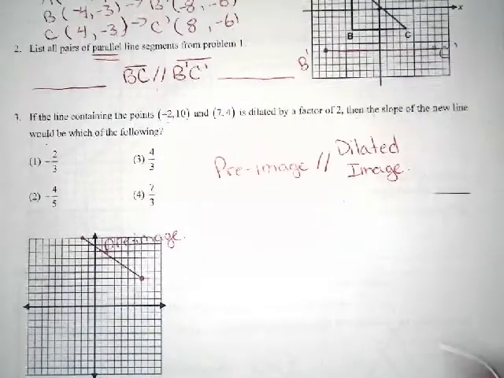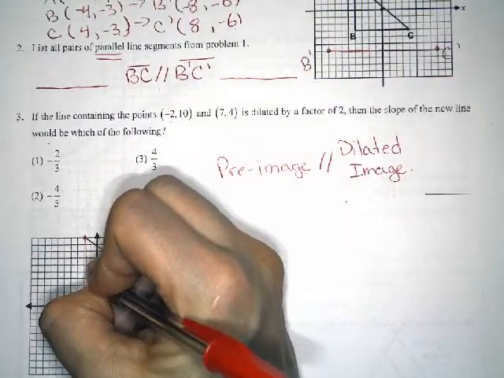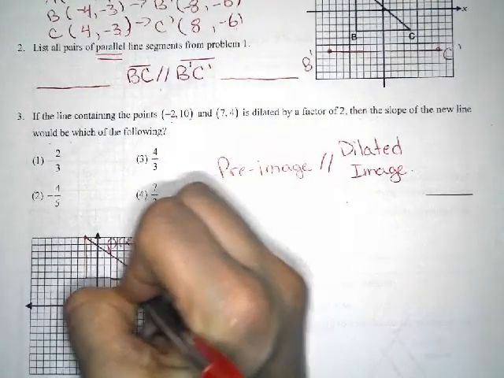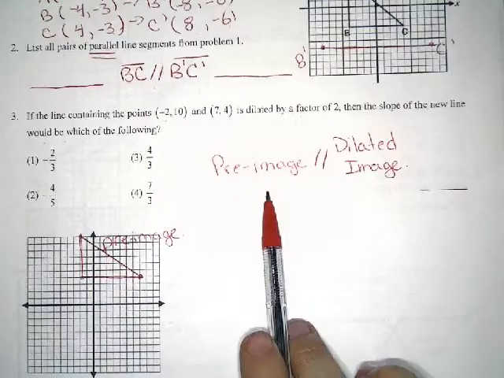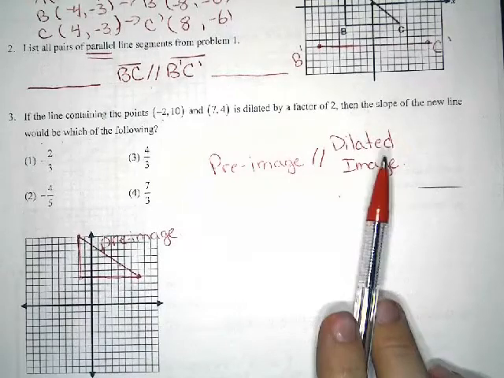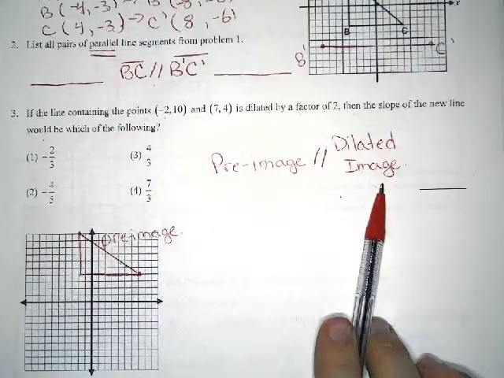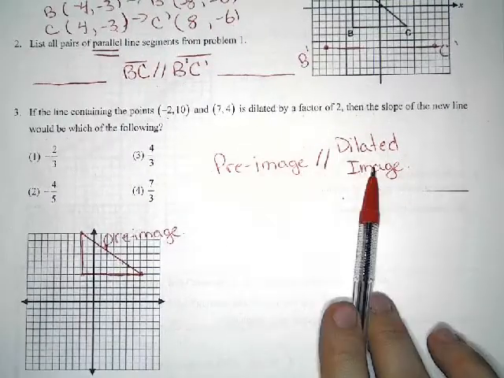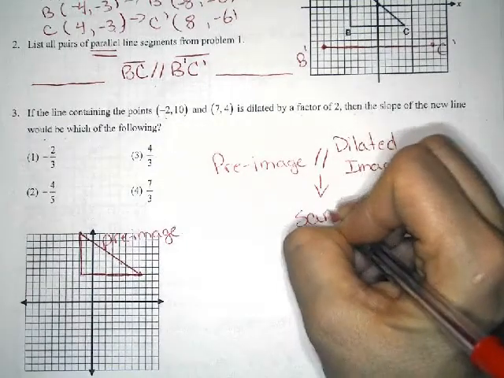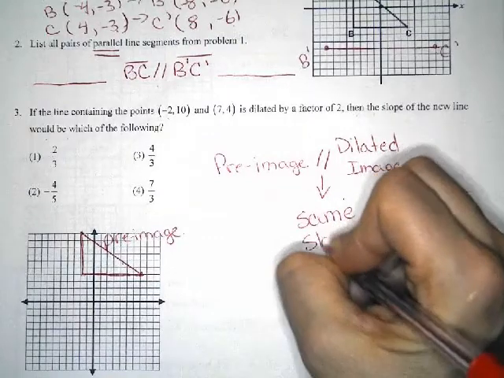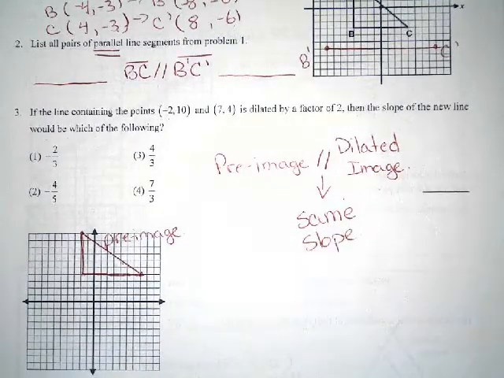So you simply need to find the slope here. Yes, it's going to be doubled, but then it's going to reduce because they're supposed to be parallel. Remember, parallel means that they need to have the same slope.